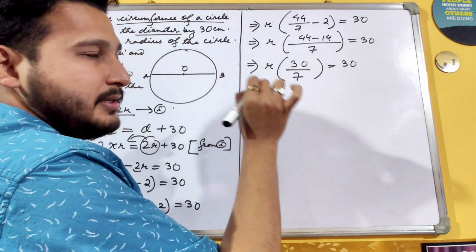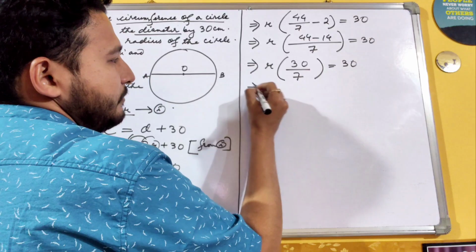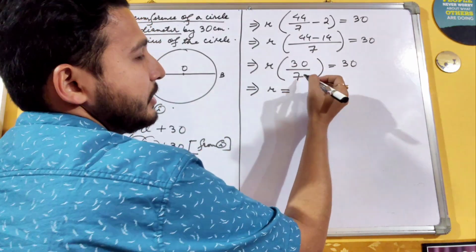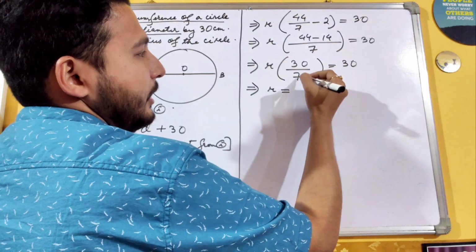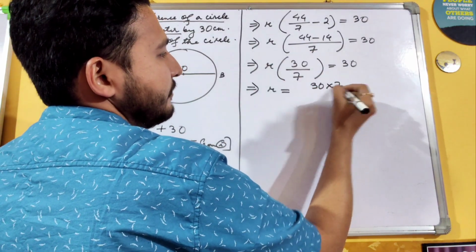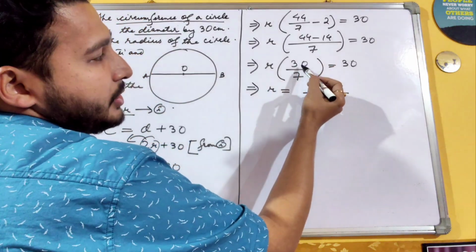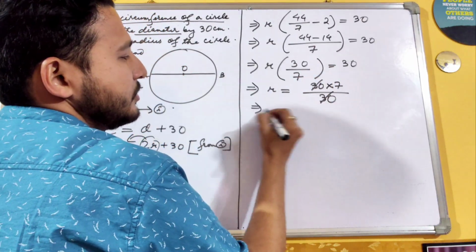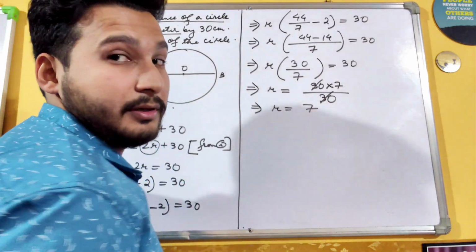I'm just doing basic steps so that you can understand. R. Now this 7 is at the denominator and it will go up. 30 into 7. This at the numerator will go down by 30. 30 cancels. So your R is nothing but 7.